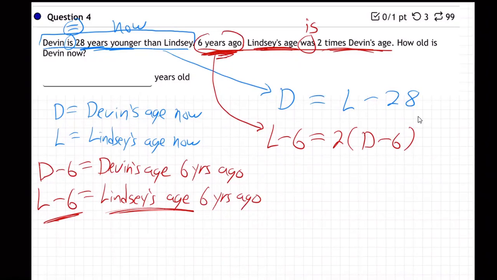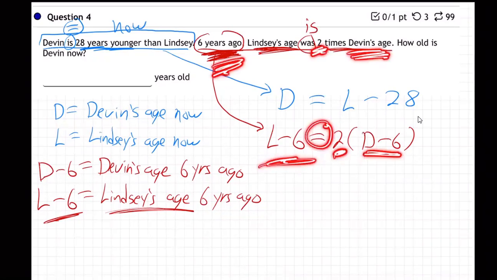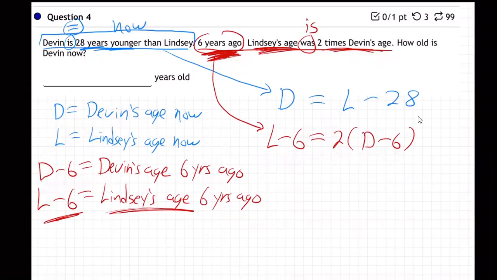Is that making sense how I got that second equation using the 6 years ago time period? So 6 years ago, Lindsay's age, which is L minus 6, was equal to 2 times Devin's age 6 years ago, which is D minus 6.